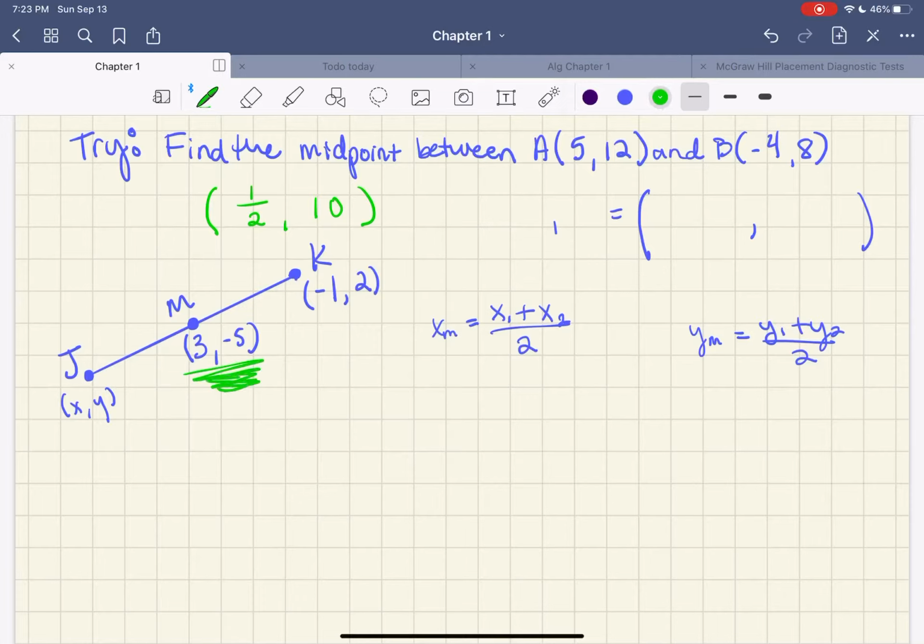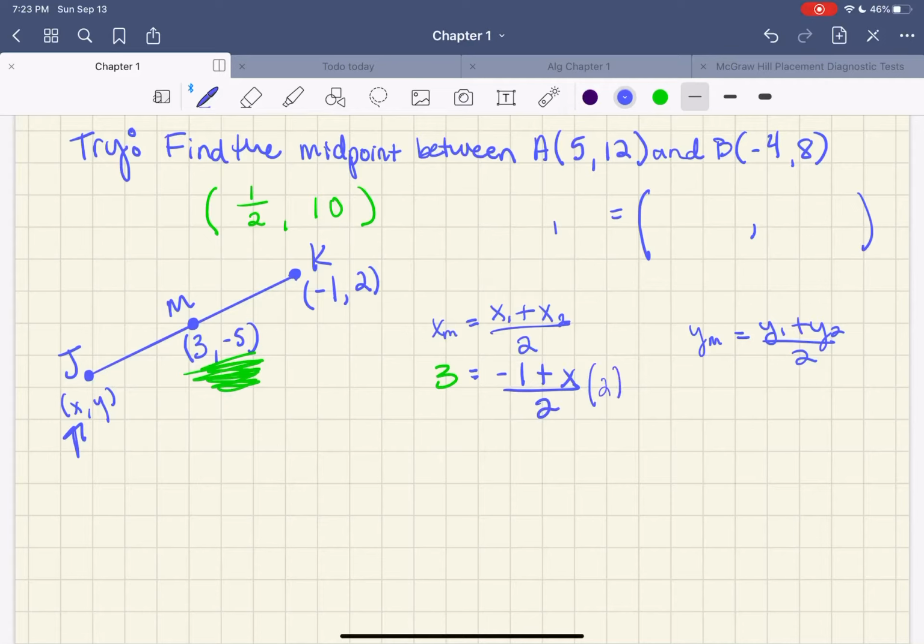Remember which one is your midpoint, otherwise it will go wrong. So our x value for our midpoint is 3. So we're going to say 3 is equal to -1 plus some x, whatever this x is, over 2.